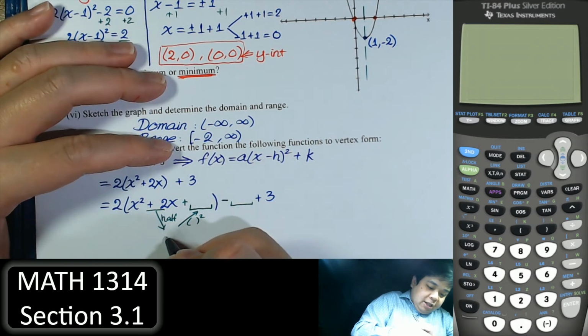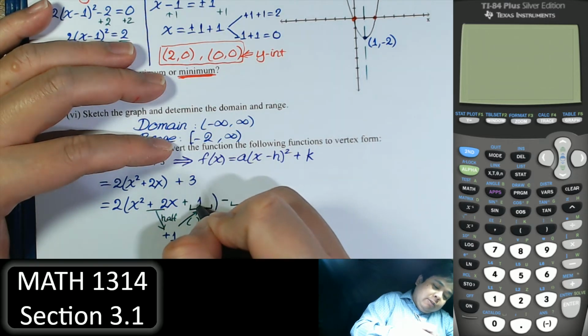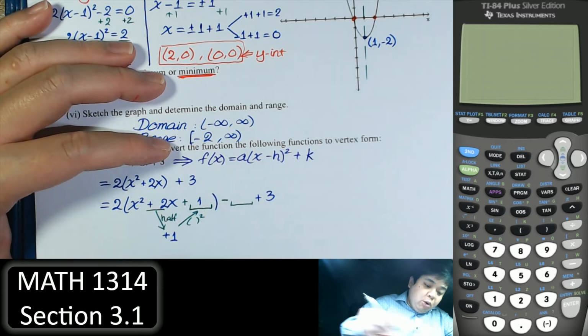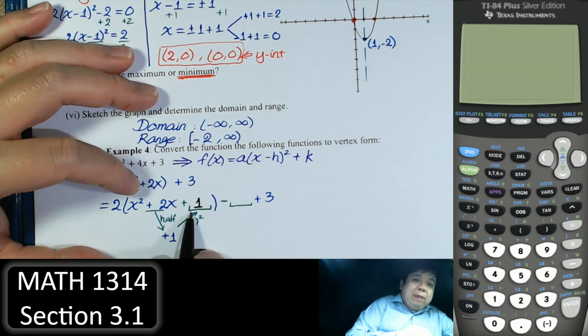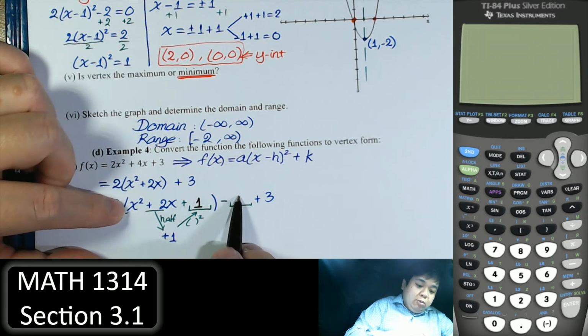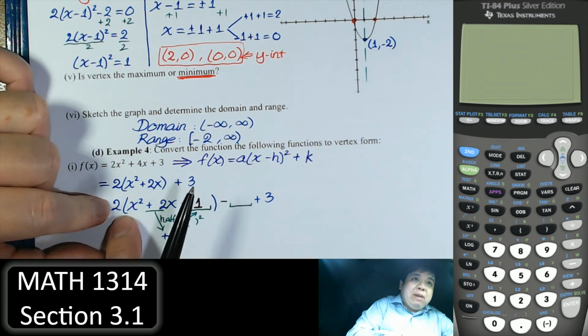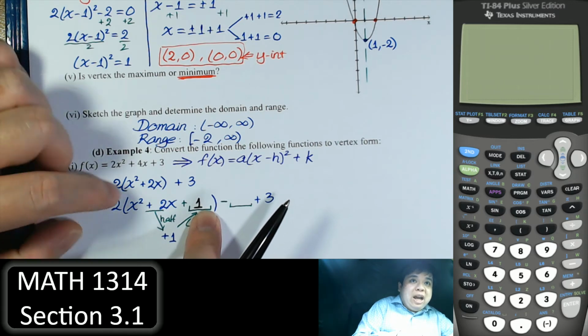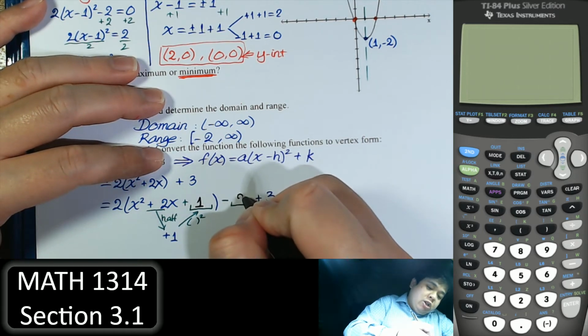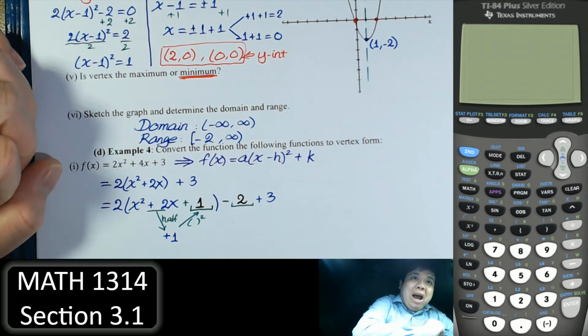Half of that is 1. Square is going to be 1. So we're going to add 1 here. Now, if we add 1, we have to subtract something. We're not going to subtract 1, because we have to multiply by 2. So we do add 1, but times 2, we actually add 2. So we have to subtract 2 to keep it balanced.